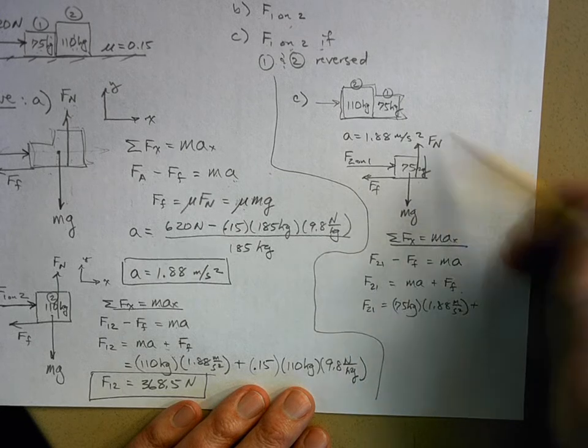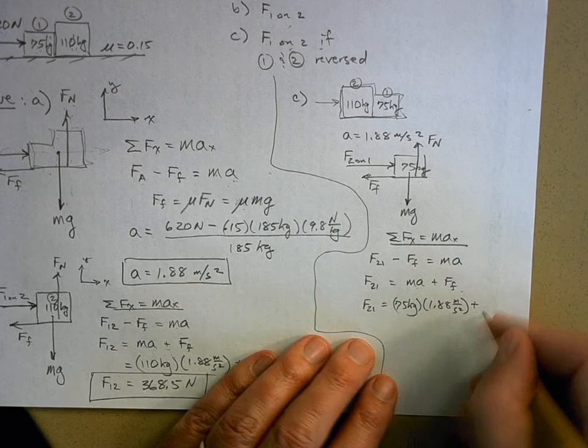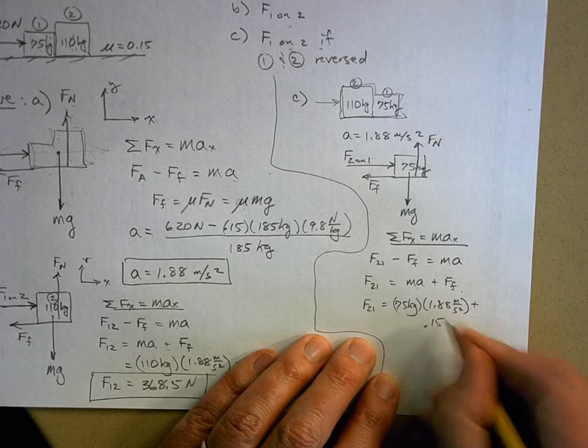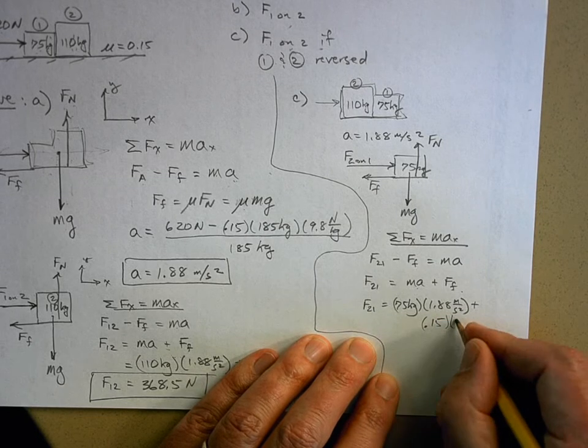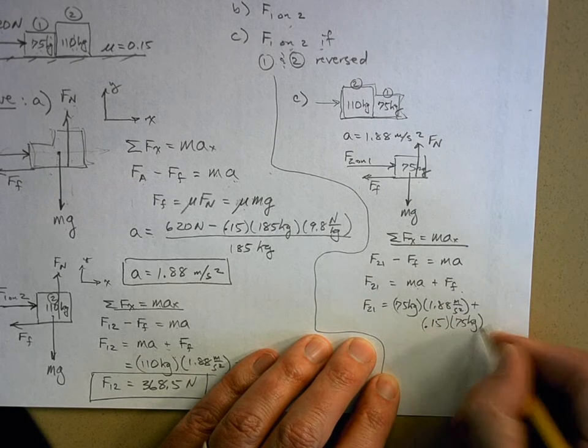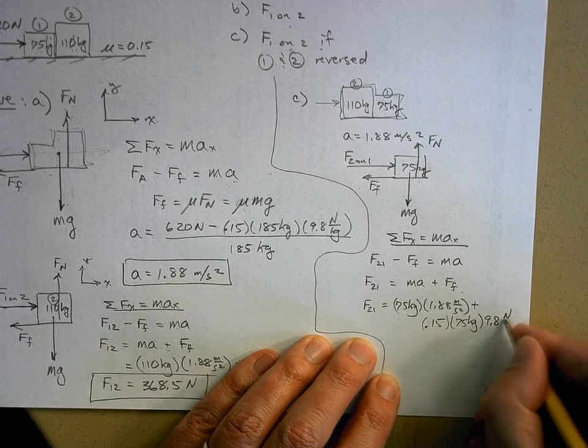Look at the free body. So that's going to be plus 0.15 times 75 kilograms times 9.8 newtons per kilogram.